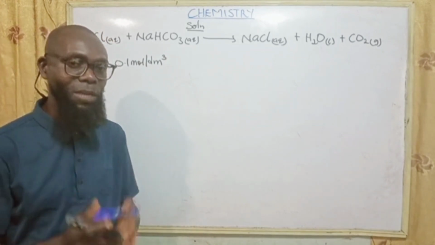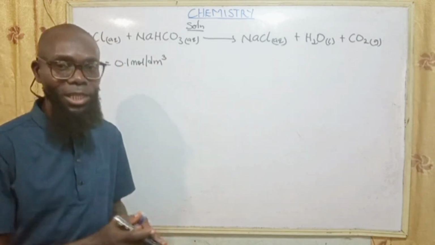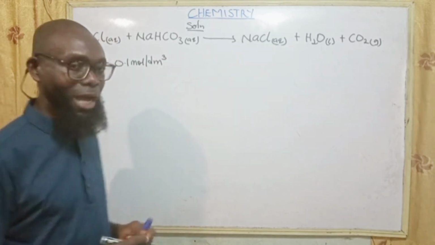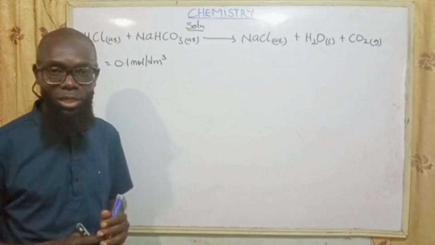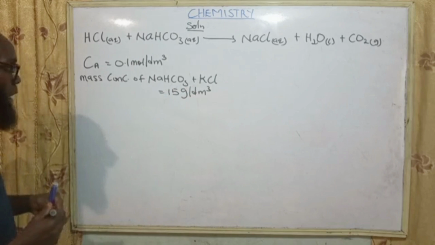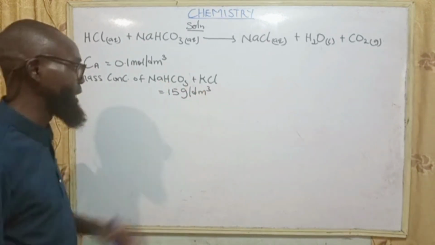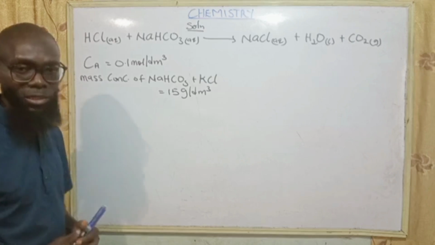And anything in gram per dm cube, that is mass concentration. So mass concentration of a mixture of sodium hydrogen carbonate and potassium chloride is 15 grams per dm cube.